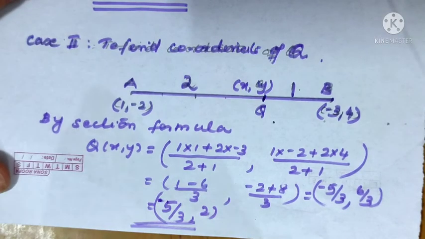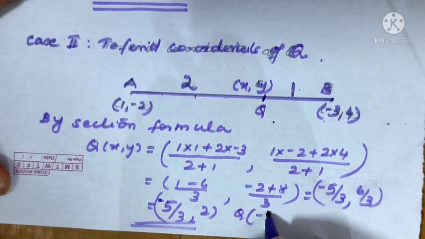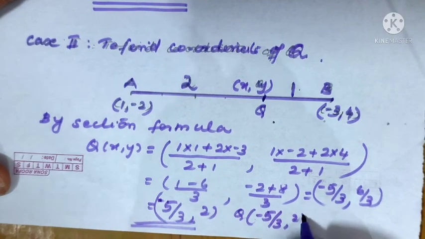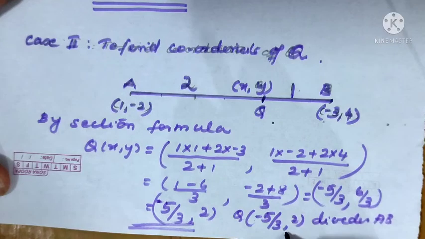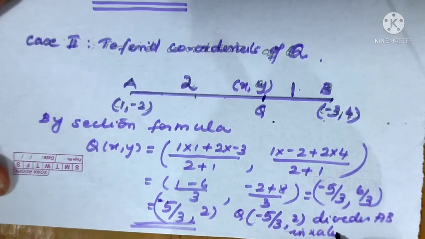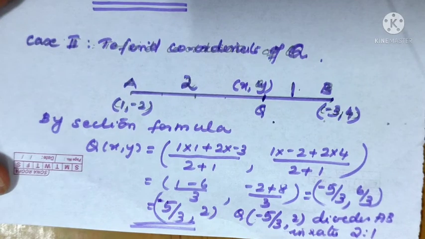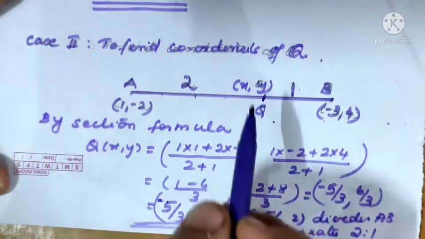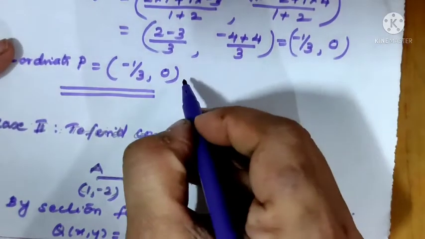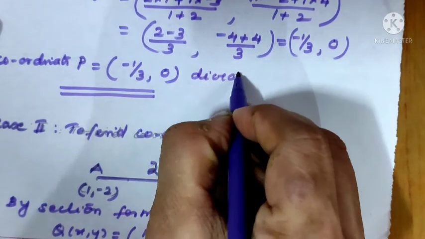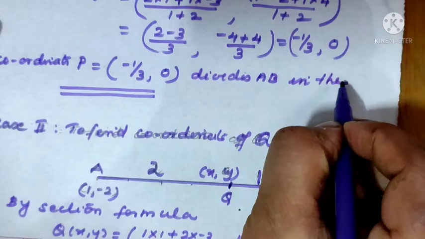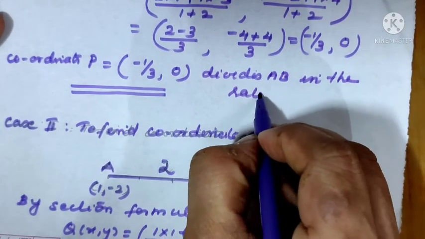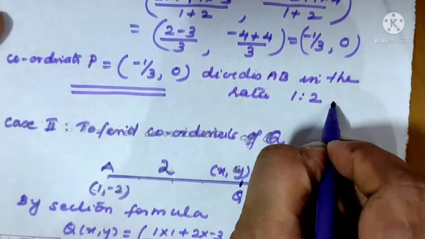This time what we should write: Q divides AB in the ratio 2:1, whereas P divides AB in the ratio 1:2.